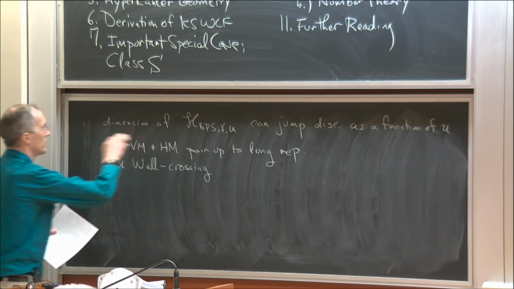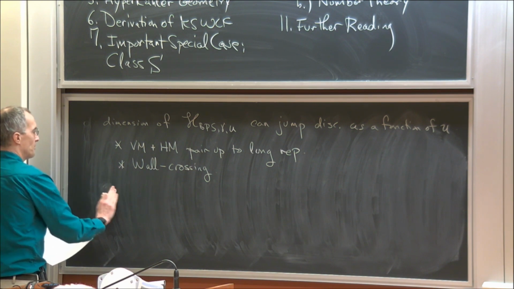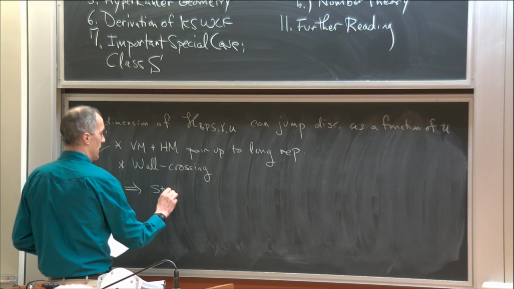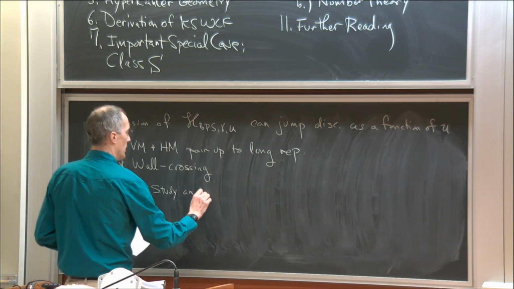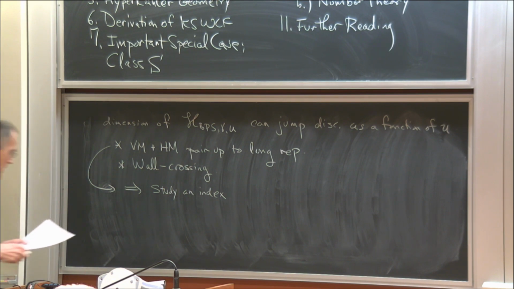Okay, so let's deal with the prosaic reason. One way to deal with it is to study an index instead. The index is then blind to this kind of pairing up.